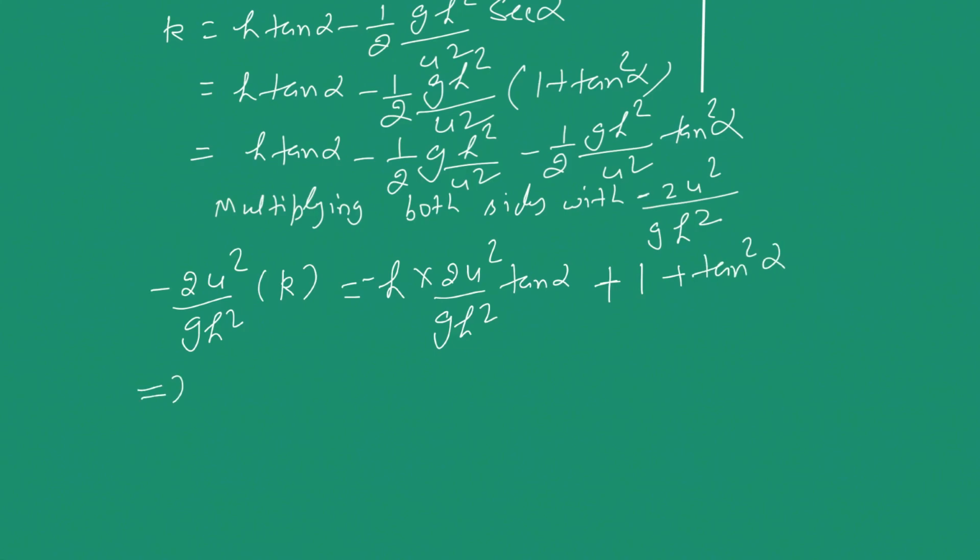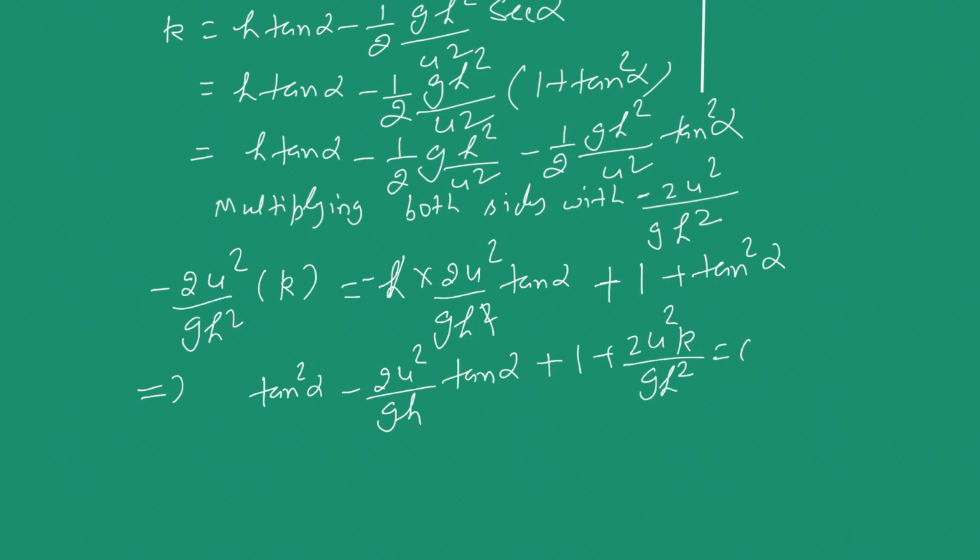This implies tan square alpha minus 2 u square by g h tan alpha plus 1 plus 2 u square k by g h square is equal to 0.